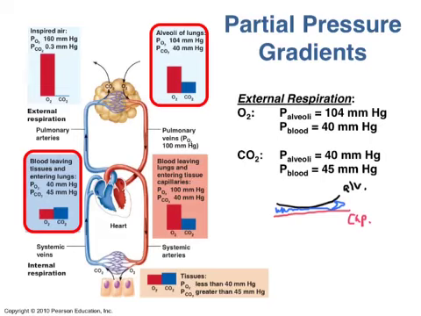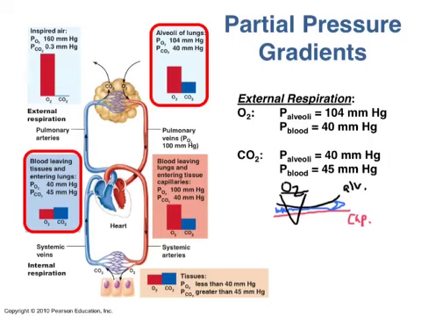For oxygen, the partial pressure of oxygen in the alveoli is 104 millimeters mercury, and it's only 40 in the blood. So there is a partial pressure gradient of oxygen that looks like that: greater pressure of oxygen in the alveolus, lower pressure of oxygen in the blood.